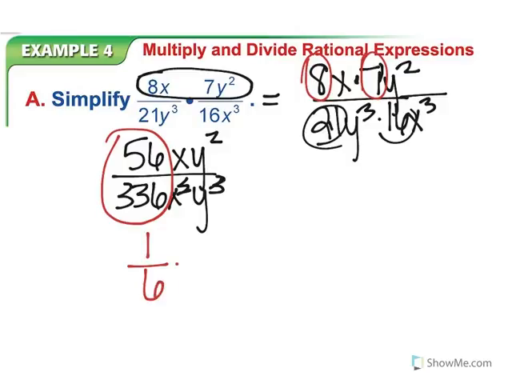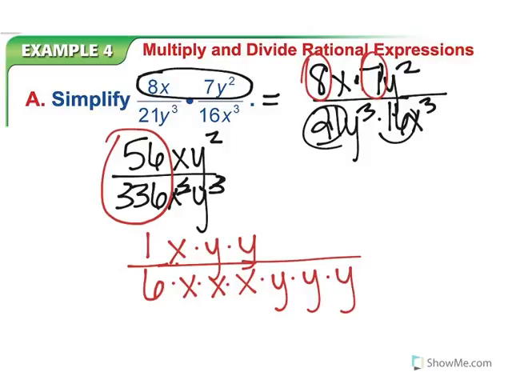All right, so we have 1x on top times 2 y's. And on the bottom we have 3 x's, 1, 2, 3, times 3 y's, 1, 2, 3. All right, so this x cancels with this one.